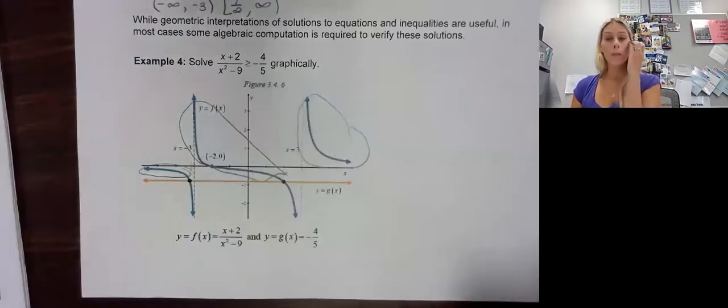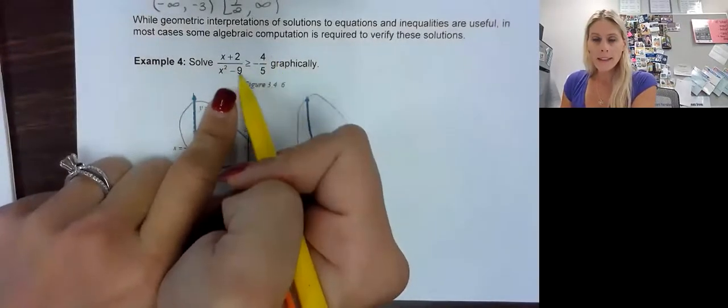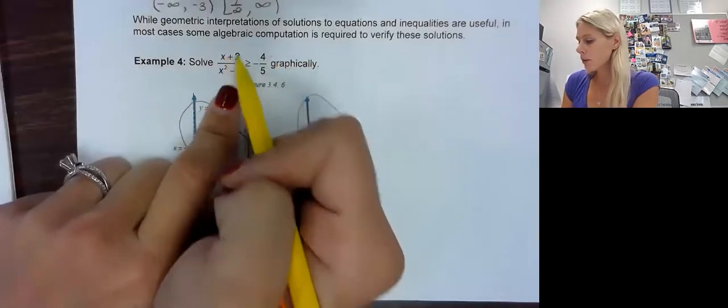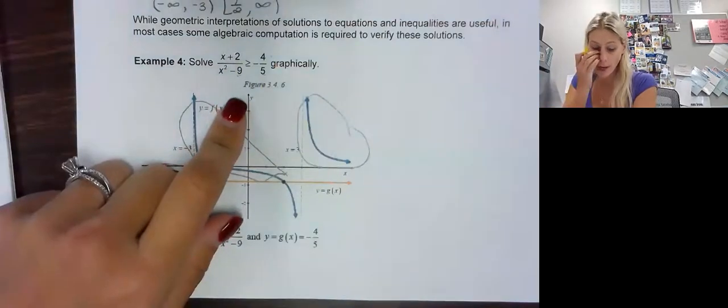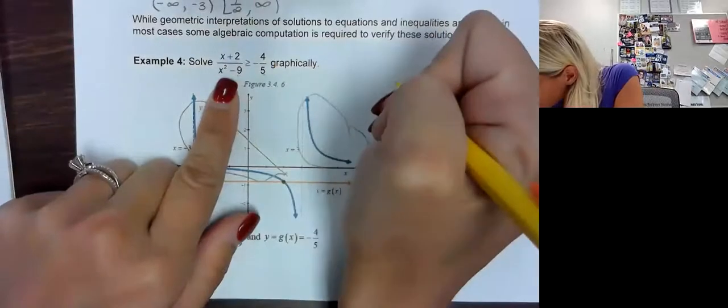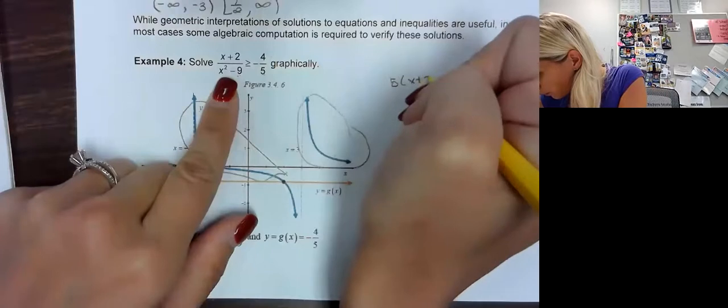So, okay, remember the first move was to make the right side 0. Well, I look at this and I say, we have fractions. What can we do? Let's get rid of the fractions, right? So I'm going to multiply this side by this denominator, x squared minus 9. And I'm going to multiply the x plus 2 by this denominator of 5. Okay, so what that looks like is 5 times x plus 2.